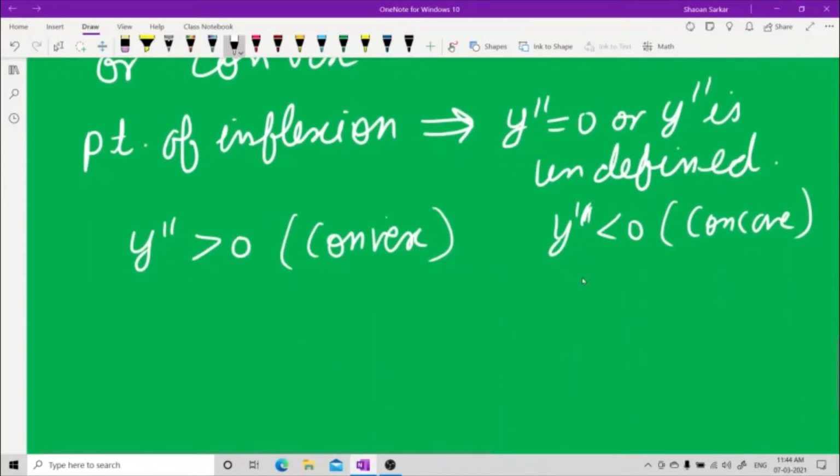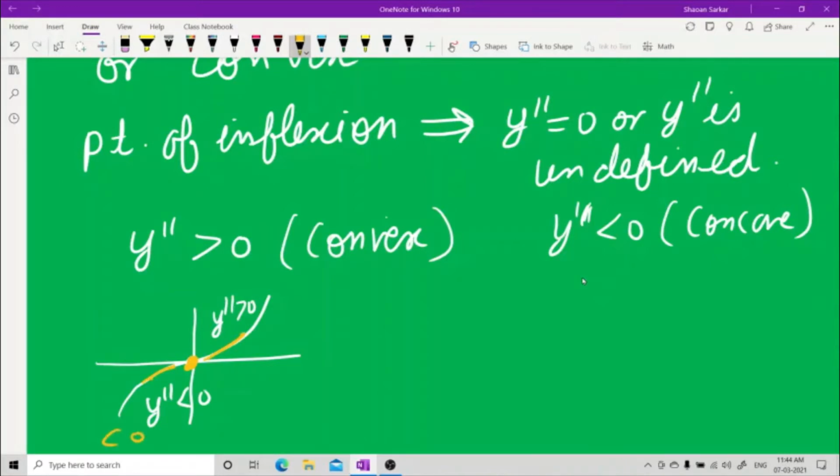Suppose there is a point like this. Here it is concave on this side, so y double dash less than 0. Here it is convex, y double dash greater than 0. So at this point, the curve is changing from concave to convex.